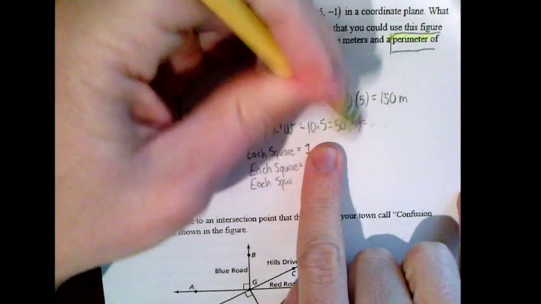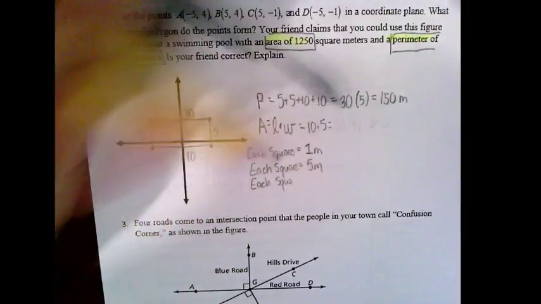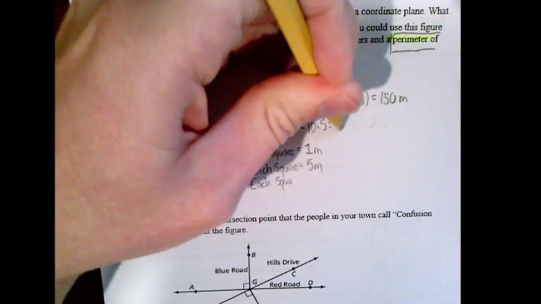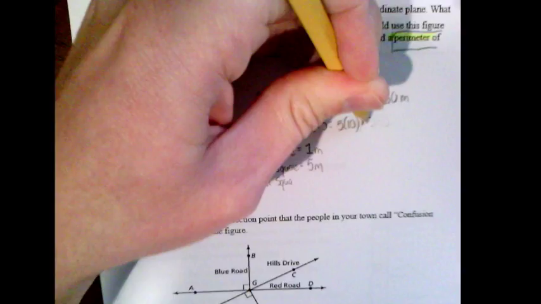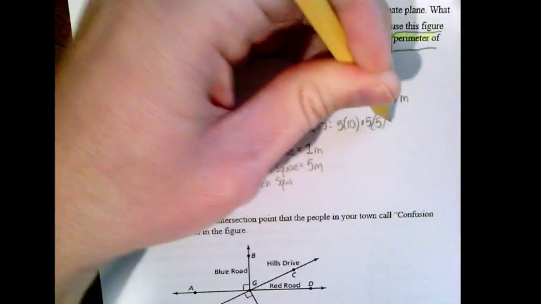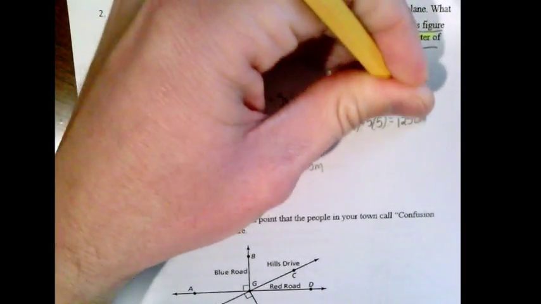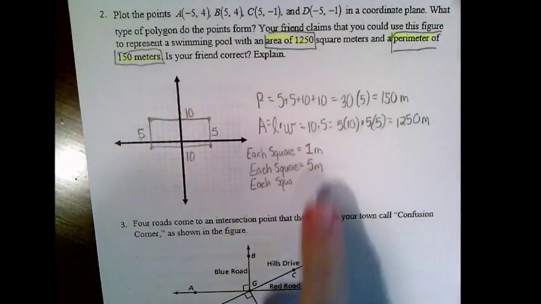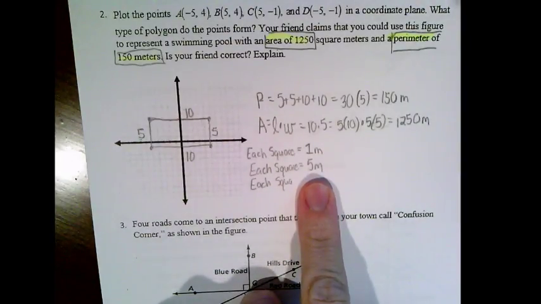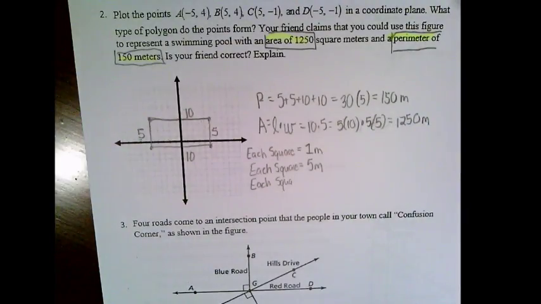And if I do that, check it out. If I do this by 5 and I do this by 5, it gives me 1250 meters. So here's the thing. If your friend said each square was worth 5 meters, then they're actually right.